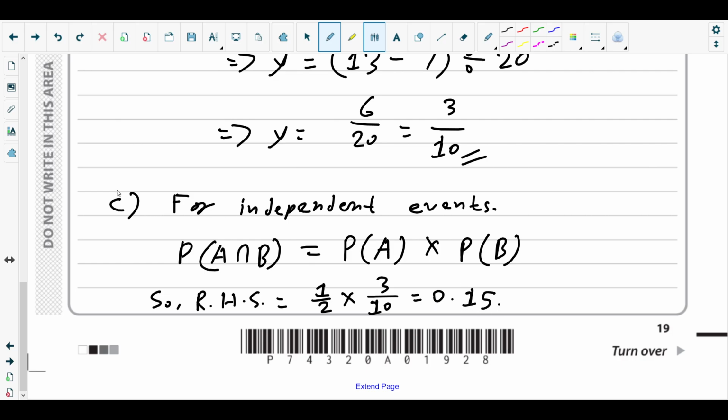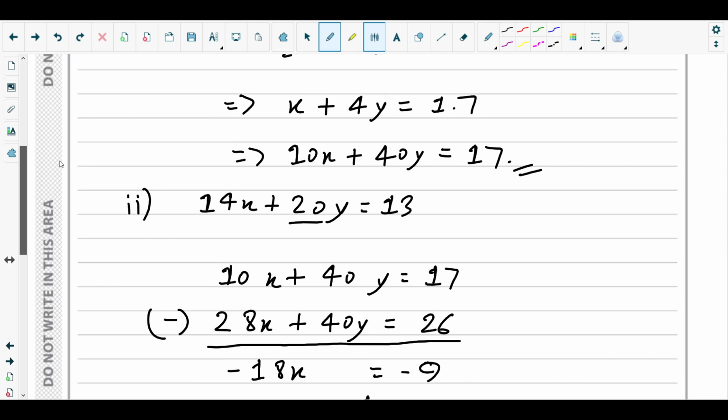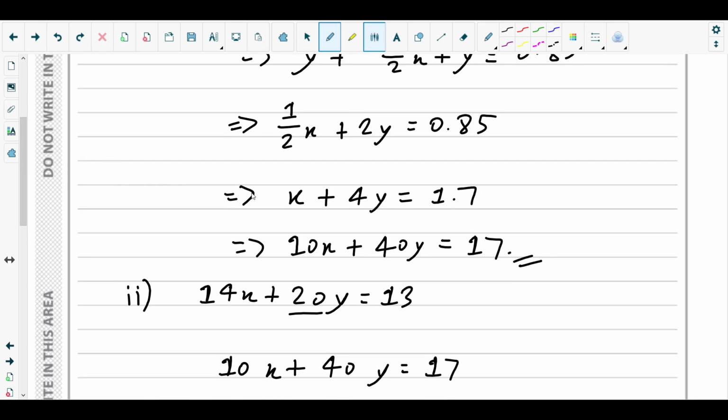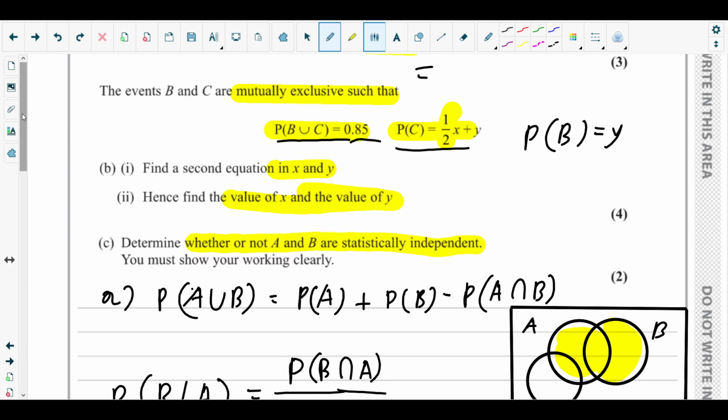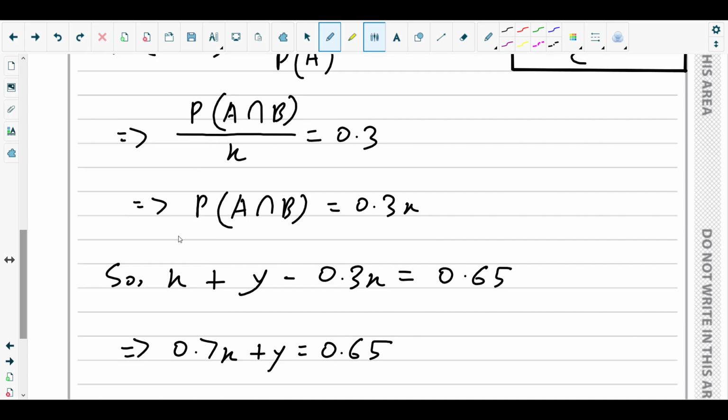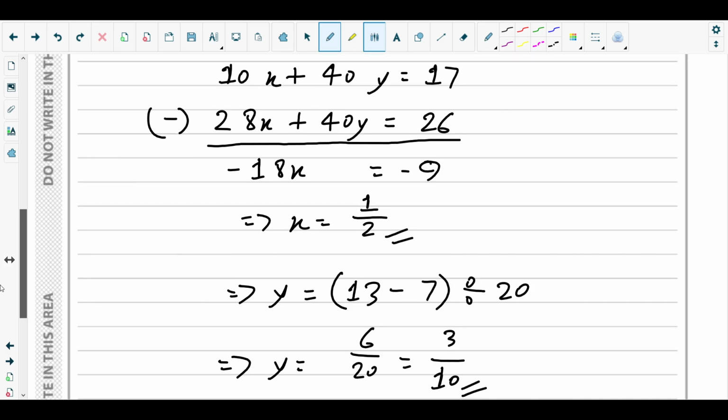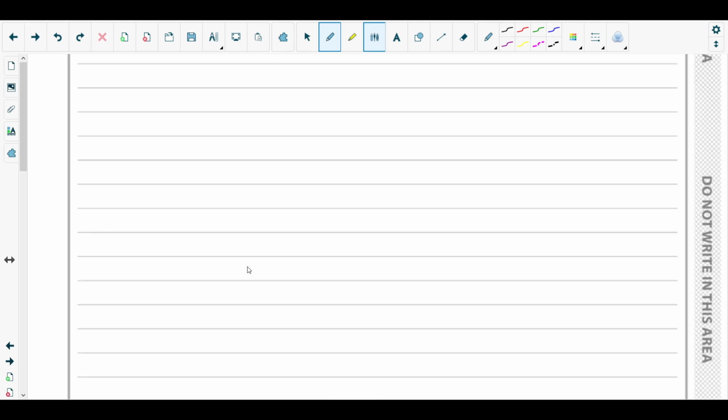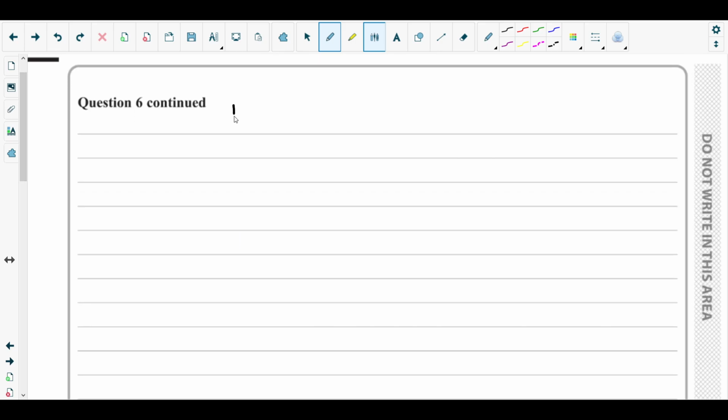Now consider the left hand side. This is probability of A intersection B. We considered this in part A: A intersection B is given by 0.3x. So 0.3 times x, which is 0.3 times half, is also 0.15.